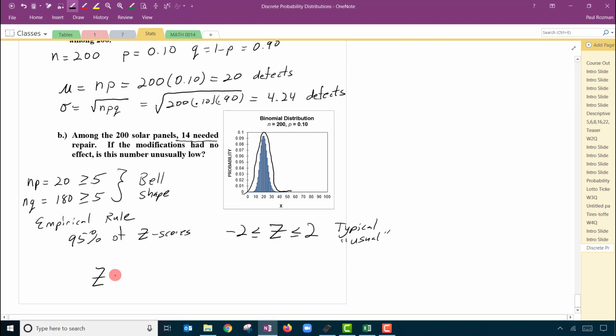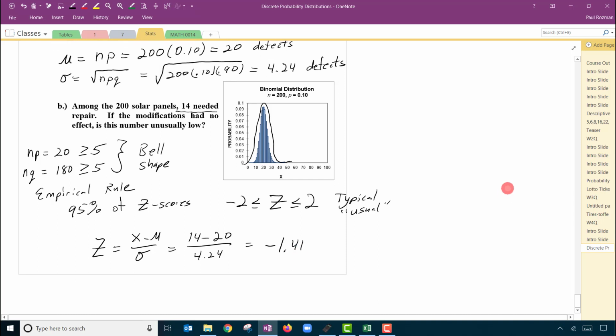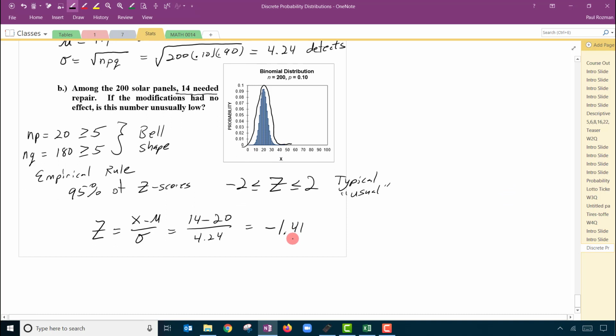If we calculate the z-score for the 14, we had our mean of 20 and our standard deviation of 4.24. I get a negative z-score, you can see, negative 1.41, which isn't that unusual. It's low. It's below the mean, but it's not way below the mean. Not that unusual.